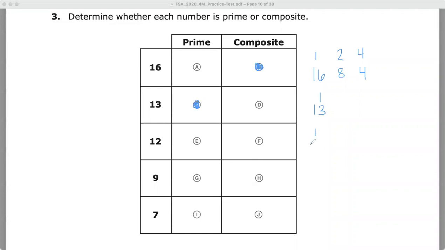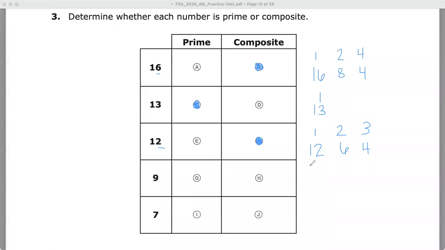12, 1 times 12, 2 times 6, and 3 times 4. Something you can notice about composite numbers is if it's even, like 6 and 2 are even numbers, then it's going to be composite because you can always divide even numbers by 2.